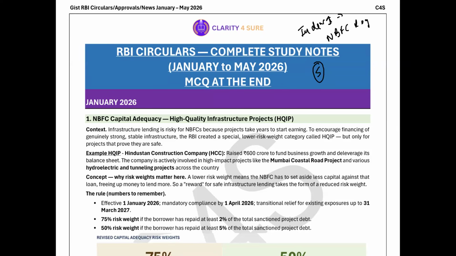First is NBFC capital adequacy for high quality infrastructure projects, that is HQIP. Second is NBFC scale based regulation, SBR. Third is NBFC branch authorization amendment. Fourth is NBFC registration exemption for tier 1 NBFC. Fifth one is deposit taking versus non-deposit taking NBFC framework. I hope it is clear.